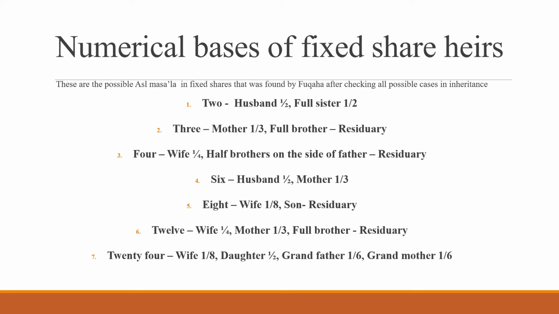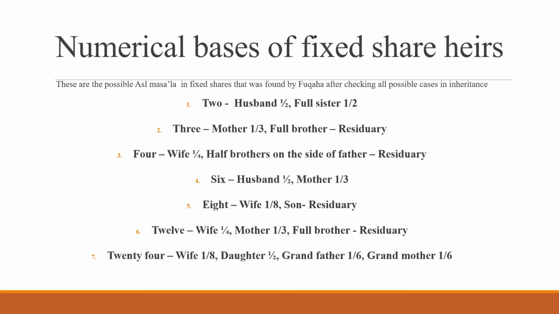They found that there is a chance of 7 forms of numerical basis if the heirs are fixed share heirs. That is 2, 3, 4, 6, 8, 12 and 24. For example, husband and full sister: definitely 2 is the numerical base.